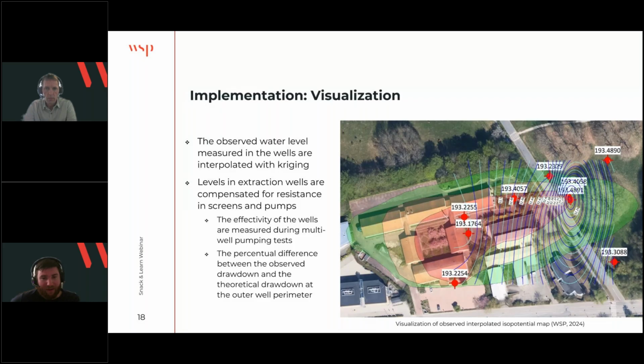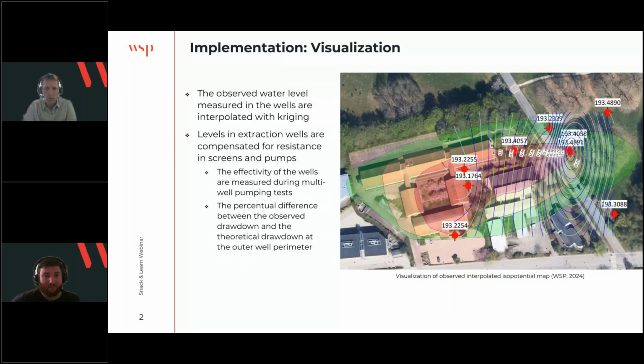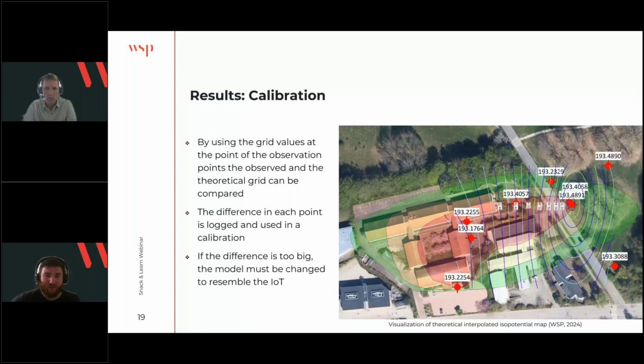But how can we compare them then? If we look at this, it is only the points from the theoretical drawdown at the same points as the observation points, and then it's interpolated. So if we only use the observation points to compare with the theoretical ones, we can actually use it for calibration purposes and validation.